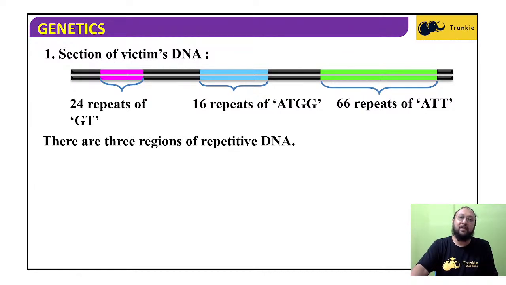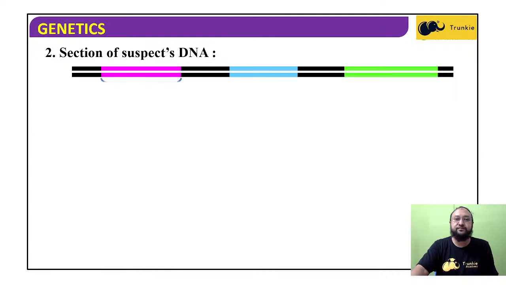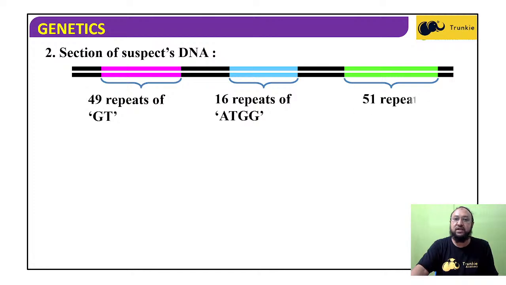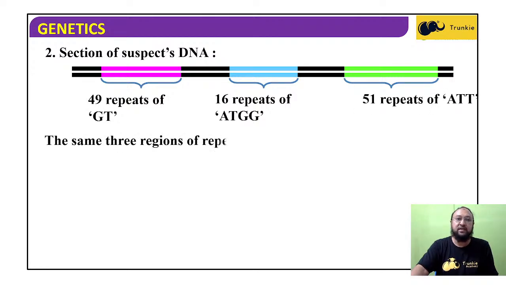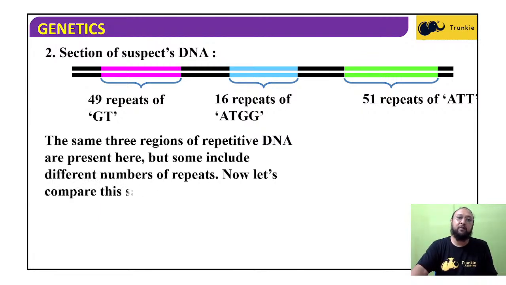So there are three regions in the repetitive DNA. Section of suspect DNA: 49 repeats of GT, 16 repeats of ATGG, and 51 repeats of ATT. The same three regions of repetitive DNA are present here, but some include different numbers of repeats. Now let's compare to this.